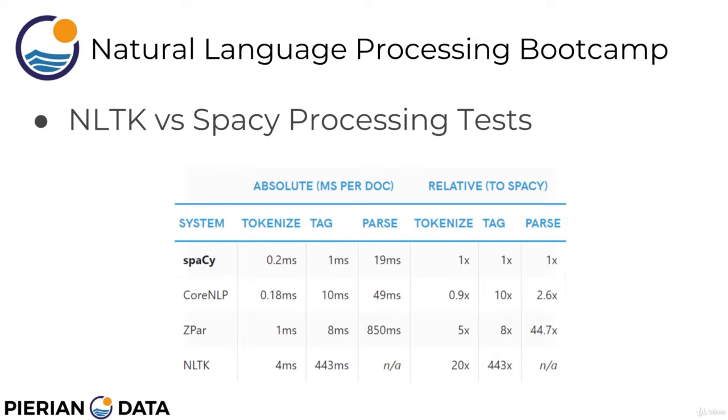So notice here that Spacy can tokenize, tag, and parse documents, and if you compare its speed to NLTK, NLTK takes 20 times longer to actually tokenize a document, and it takes 443 times longer to tag, and it actually doesn't even perform parsing. So you can already tell here that Spacy is much more efficient than NLTK, up to 400 times more efficient or more. So that's really why we're focusing on Spacy throughout this course.